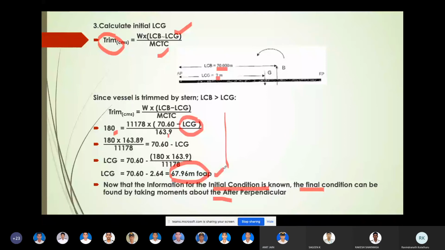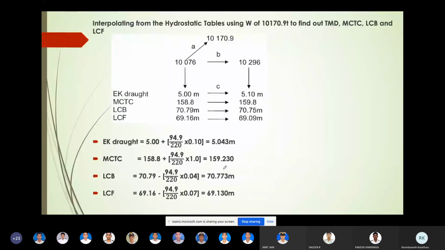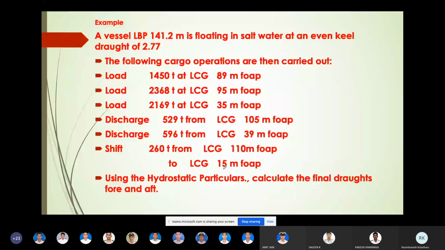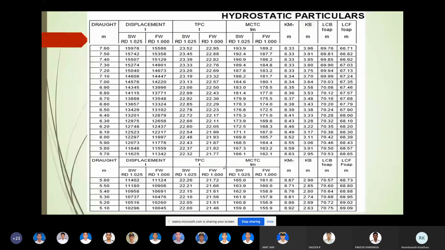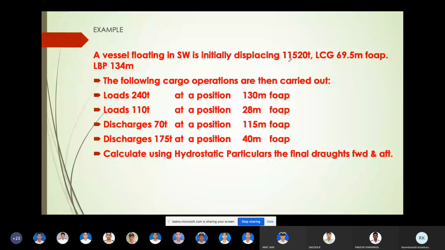Now, can you say that once we have come to the initial stage, this is similar to the last problem, where displacement and LCG is given. So that is what in the first section was given directly, but now we have come to this point. Now from this point it remains the same. Whatever calculation we do, you know already how to go ahead with this.